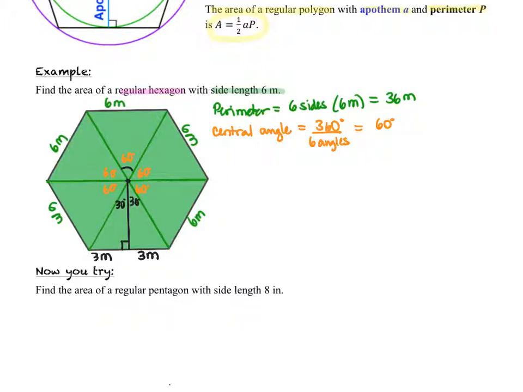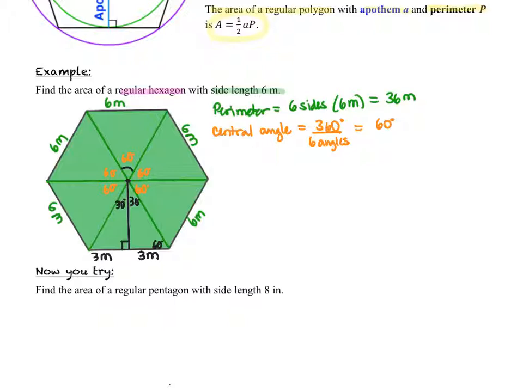Okay, so if we have a 30-degree central angle, then we actually end up with a 30, 60, 90 special right triangle. And that means we have a consistent side length ratio from the shortest side, which is across from the smallest angle, to the longer leg, which is the short length times square root of 3.